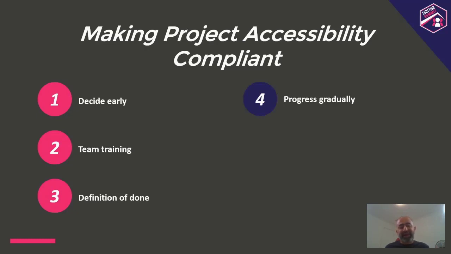Progress gradually. As you may remember from my slides, there are three levels. Of course, level A is comparatively easy to achieve compared to double A and triple A. So one thing which can help is that initially we just aim for level A, and once that is achieved, gradually we can aim for double A or triple A. Another suggestion: ask for help in the community.